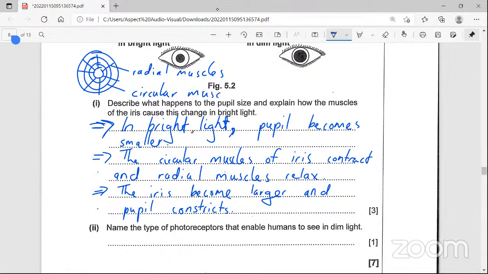When they want to make this black part smaller, the longer ones holding the pupil in place have to relax in order for it to reduce in size, and the circular ones contract. When it has to get bigger, the circular muscles relax and the radial ones pull it apart. Are we together?